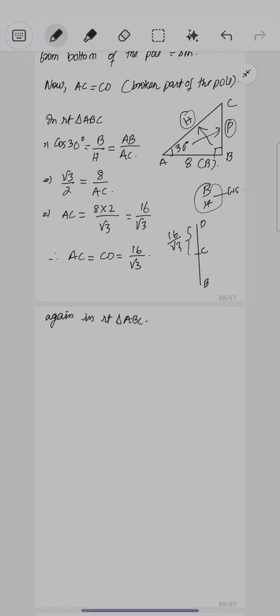Tan 30 is perpendicular BC by base AB. What is the value of tan 30? 1 by root 3 equal to BC by AB. AB is 8, so 8 by root 3 equal to BC. Therefore we have BC and CD.